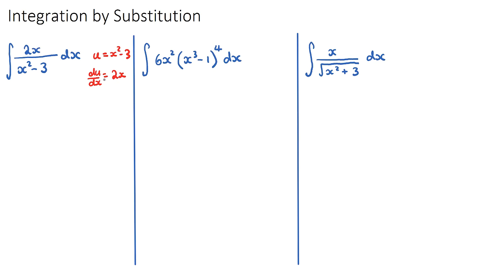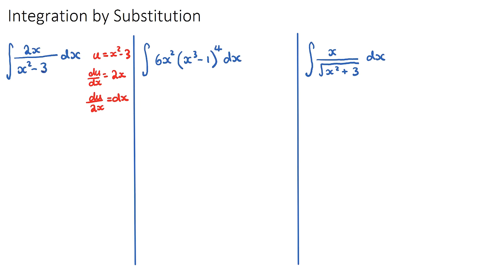I'm going to show you the method that I currently use, and I think it's pretty simple. What you want to do is get dx by itself. And it's always going to be the same process in this step. You multiply the dx up here, and you divide whatever's here down. So we're going to get du on 2x equals dx. I've just multiplied the dx up, and I've divided the 2x down.